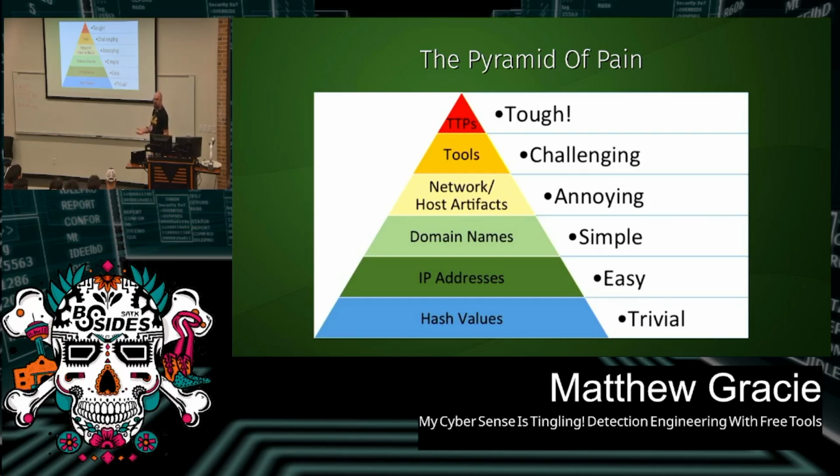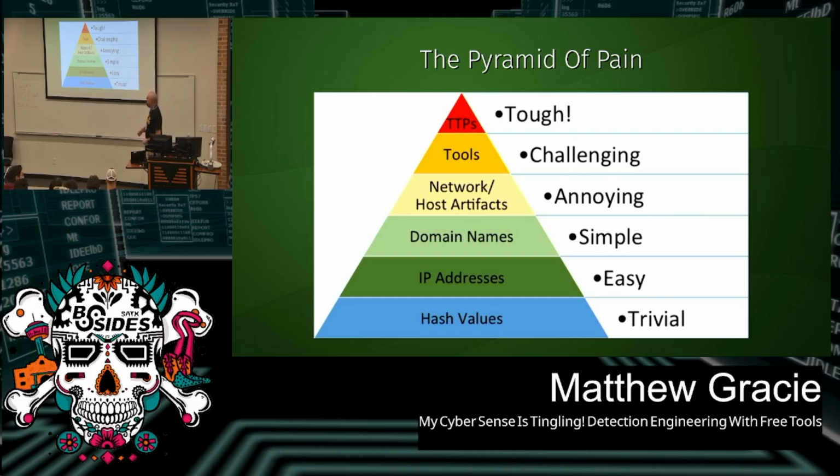And the hash value completely changes. Now, I'm not saying that hash values are useless. If you have a threat intelligence workflow that's fast enough and you're constantly updating them, you can still get some utility out of them while they're good, right? While a ransomware campaign is going on, you can spot that implant until the hash value rolls over again. But for the most part, this is not going to be a long-lasting indicator of compromise that you can really take advantage of.